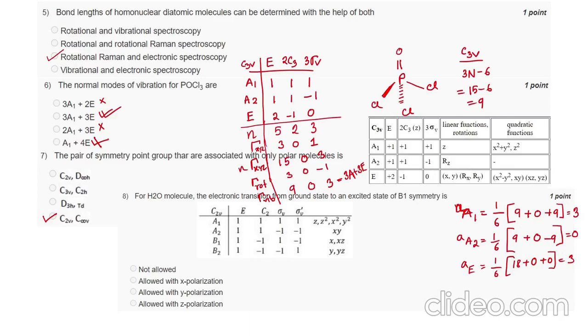Obviously if you see B1, it carries x, so it will be IR active, so it will be allowed. It is x polarization, allowed with x polarization, but not allowed with z polarization or y polarization, right? So this is the correct answer.